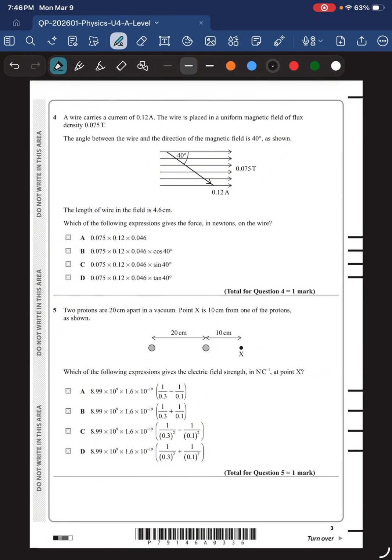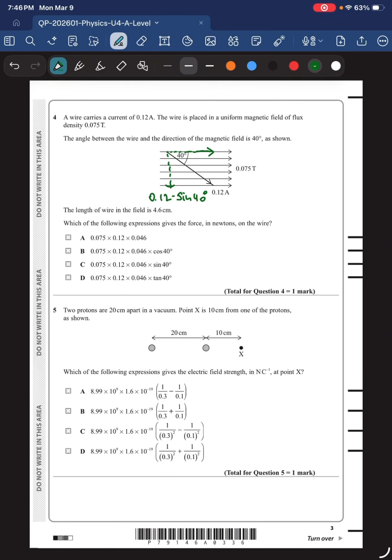All right, so pretty much the way I work these problems out is to take the current and analyze it into a horizontal component and a vertical component. The vertical component cuts through the magnetic field, so 0.12 times sine of 40 is the component that cuts through the magnetic field, whereas the other component, which is 0.12 cos 40 degrees, is parallel to the magnetic field.